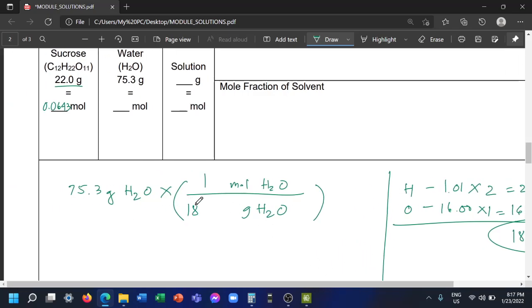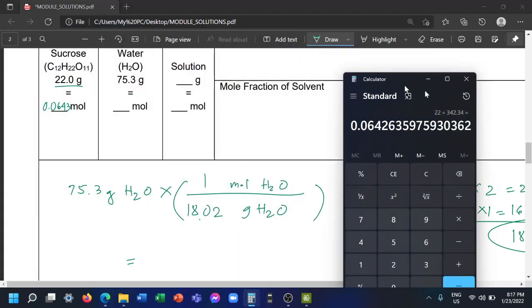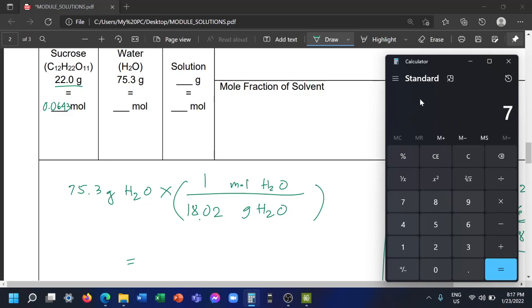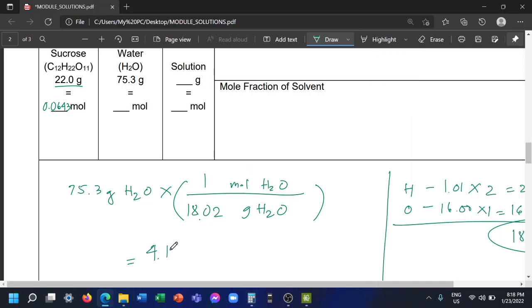That is 18.02 grams per mole. Then we are ready to solve: 75.3 divided by 18.02. The answer is 4.18 moles of H2O.